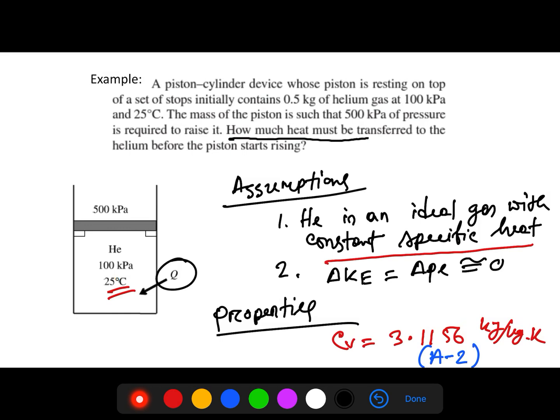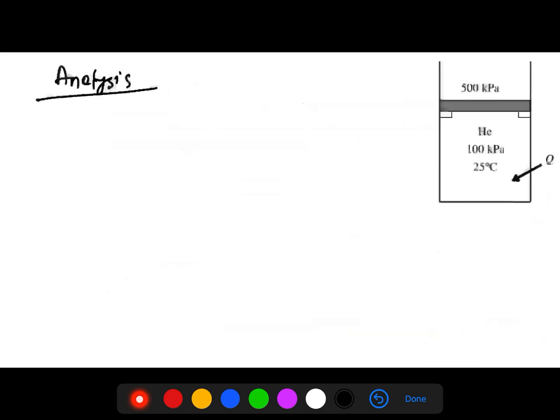What we can write from the energy balance equation, as I said earlier, is that it is a closed system. So the helium is inside this cylinder, and as it is a closed system, no mass can transfer, right? So this is a constant volume closed system.